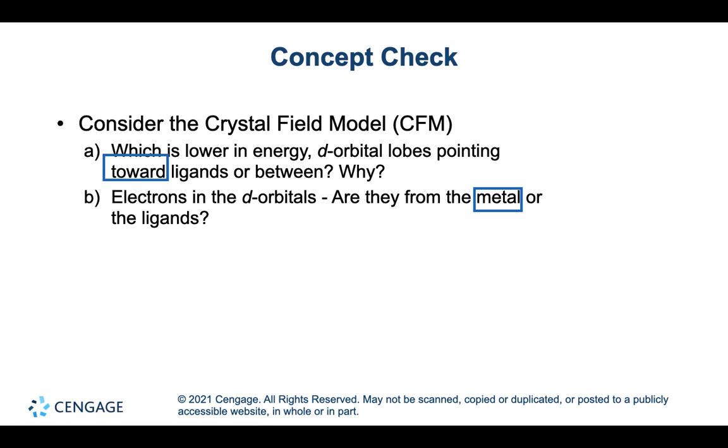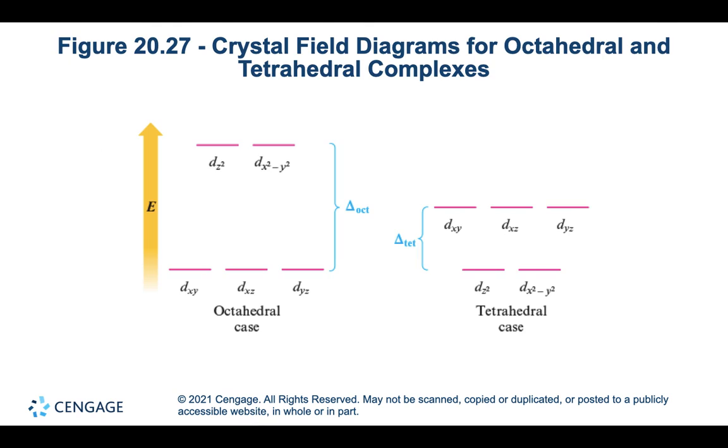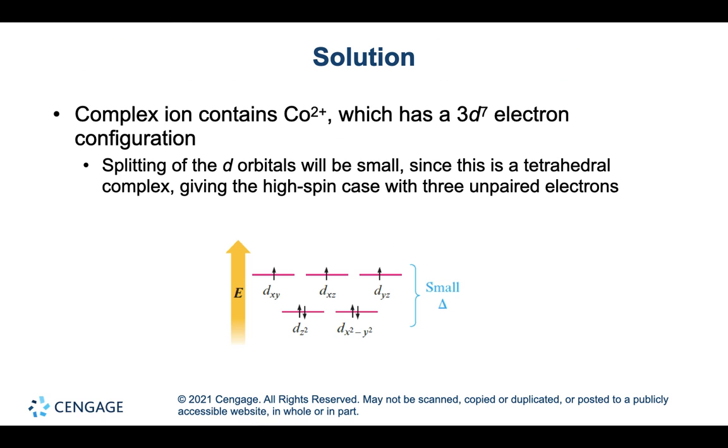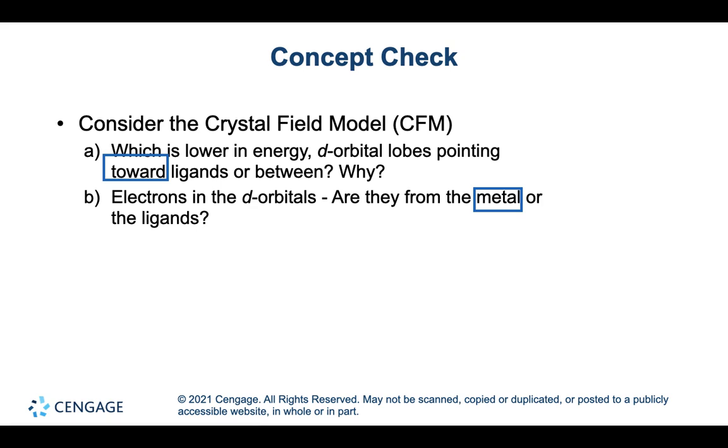So considering the crystal field model, which is lower in energy, the d orbitals, lobes pointing toward the ligands or between? Looking back here, the lower energy d orbital lobes would be the ones between.